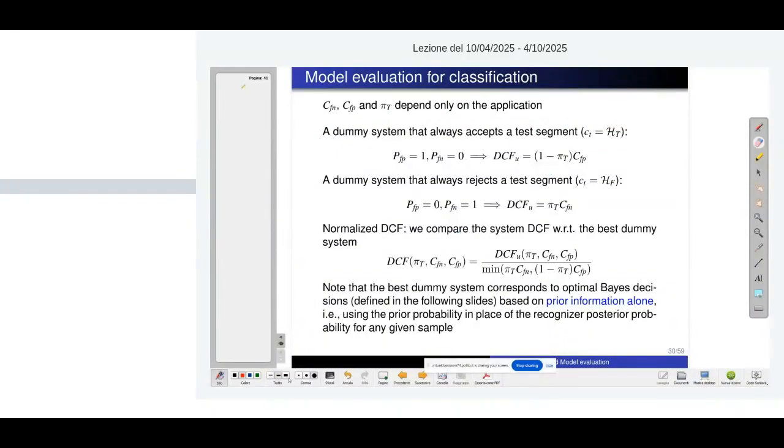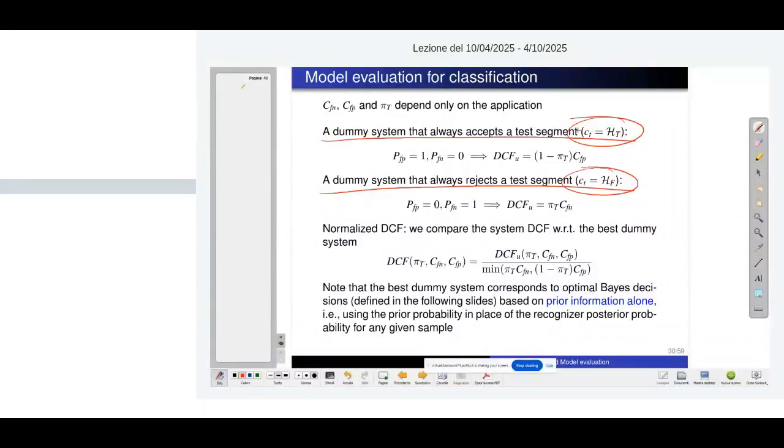Let's, for the moment, imagine we have a system which has two options. It doesn't look at the samples, so it doesn't know what the features associated to our sample are. It just decides to either always predict class true or always predict class false.